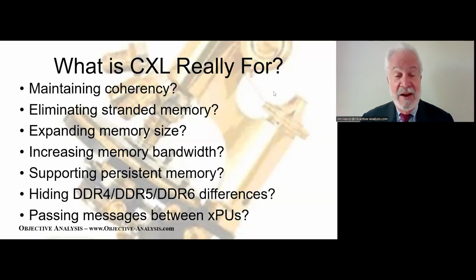But also there will be other applications with GPU to GPU transfers and also CPU to CPU transfers. And that does actually tie back into one of these, and that is maintaining coherency. You can't do that unless you can maintain coherency between these different things.